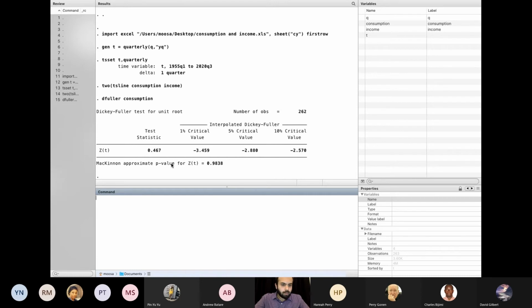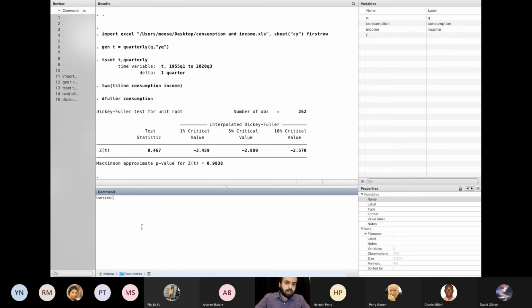And as expected, we fail to reject the null hypothesis, which means that the data for consumption is non-stationary. But when we do the same analysis for, let's say, the first differences of consumption, which means the periodic fluctuation in consumption, that would be stationary.